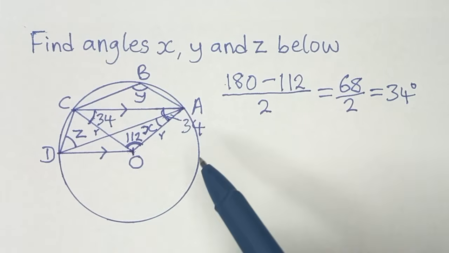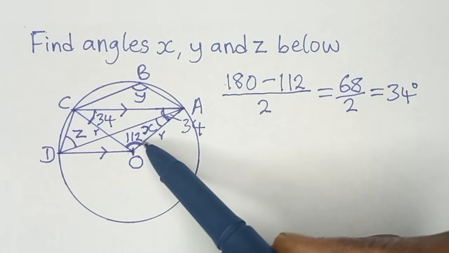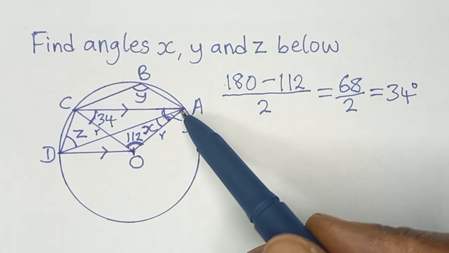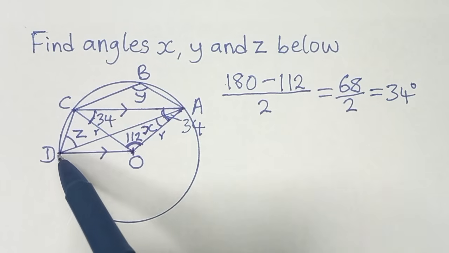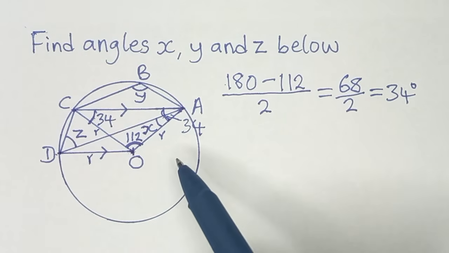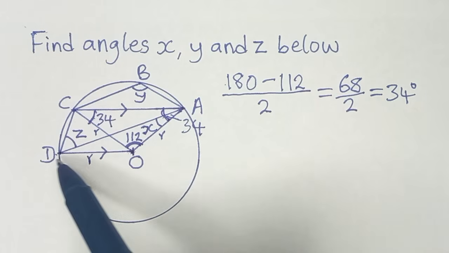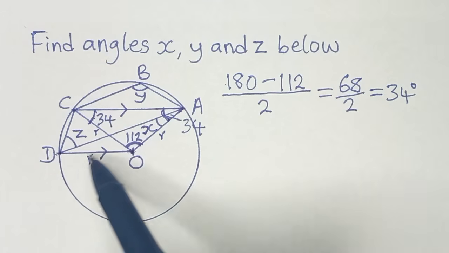These parallel lines. Now, if you look at this line, this is the radius of the circle. This line too, which is a parallel line, OD or DO, is also the radius of the circle. And that will also tell us that we have another isosceles triangle, ADO.